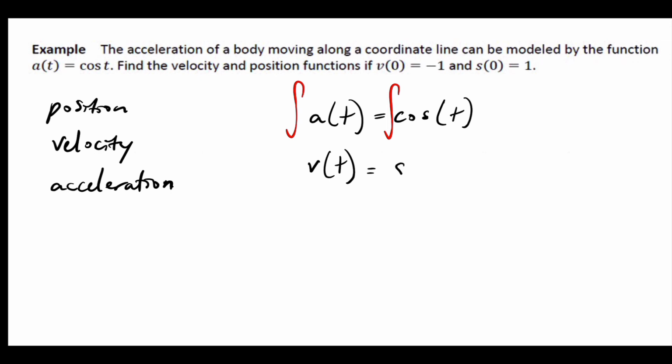Sine, positive sine of t plus c. And then they said, for velocity, this is going to be true. So 0 is t, -1 is v of t.